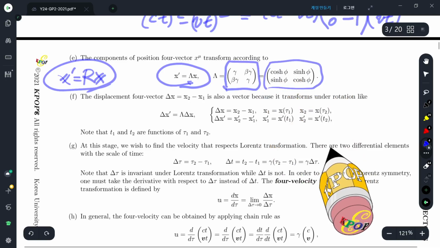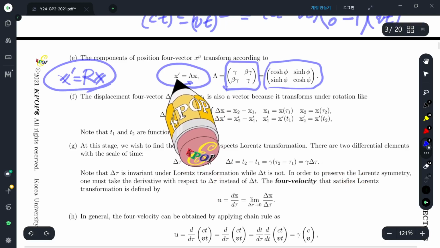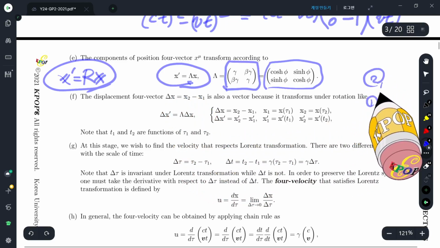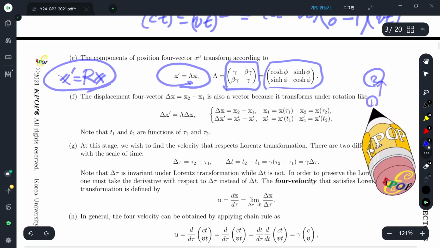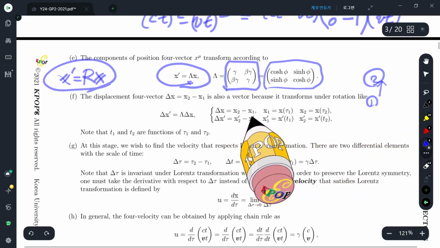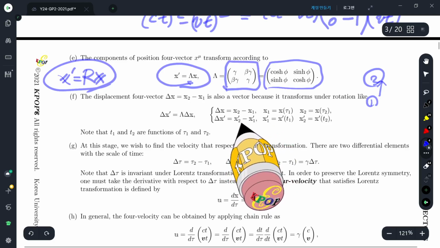If there are two consecutive events with different time and spatial position, then we subtract one event from the other. If event two happens in a certain inertial reference frame later than event one, then we just compute the difference of the displacement to find the forward displacement.